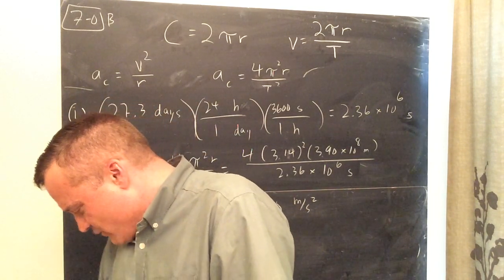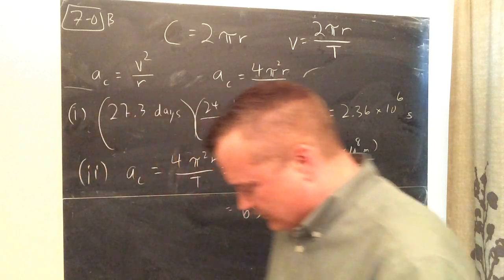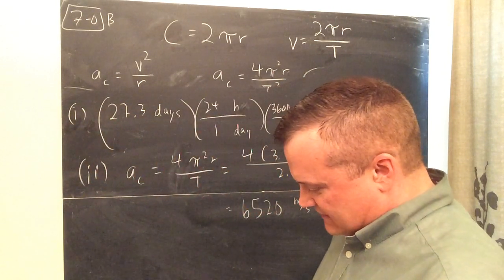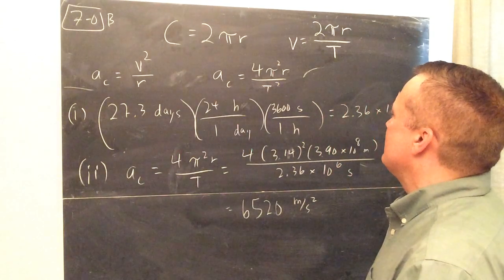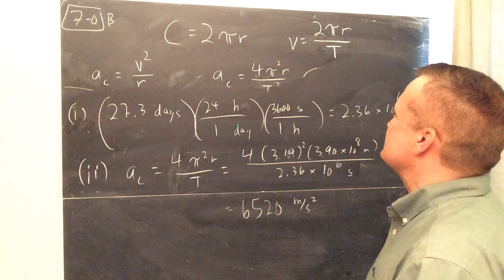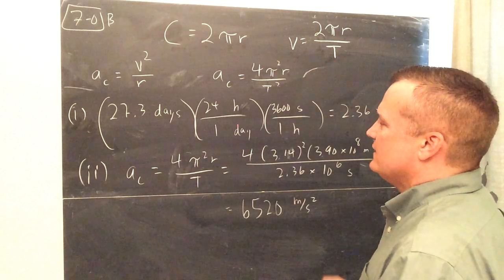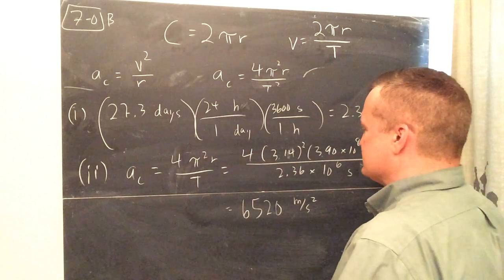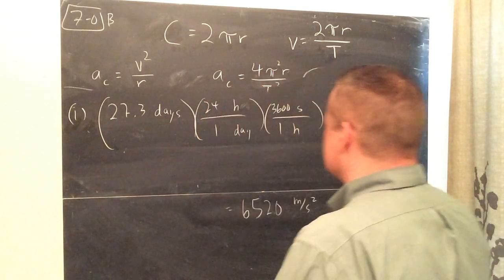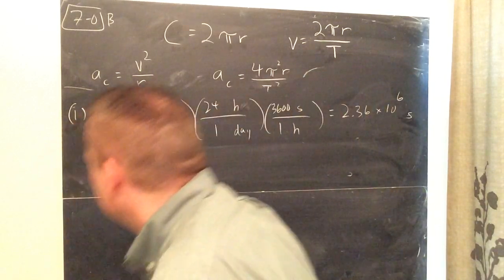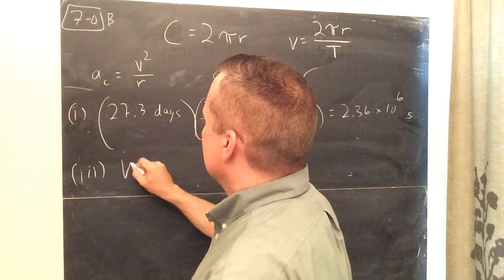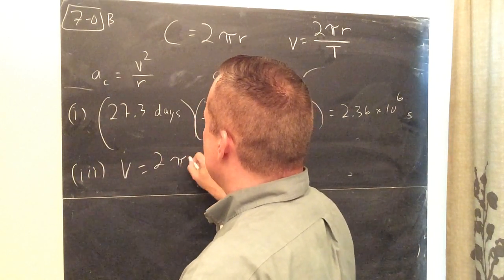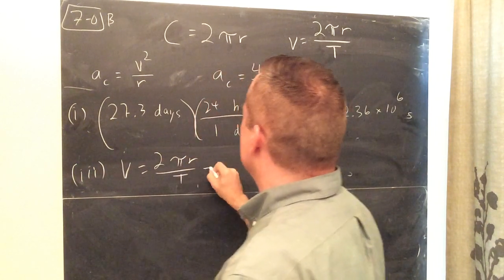And then it says, what is the velocity of the moon in meters per second as the moon circles the Earth? The velocity, okay, in meters per second. So I'll have to use this equation up here. And I'll have to erase it to give you some space. So velocity is 2 pi r over the period.